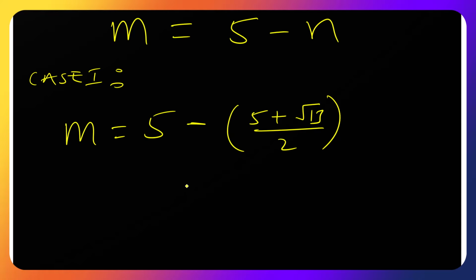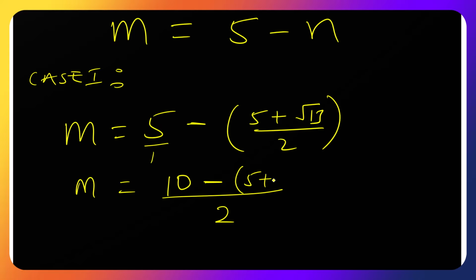Okay, so this one will be, let's make it over 1. So we have the LCM as 2. 1 into 2 is 2, 2 times 5 is 10, minus 5 minus root 13 on 2.